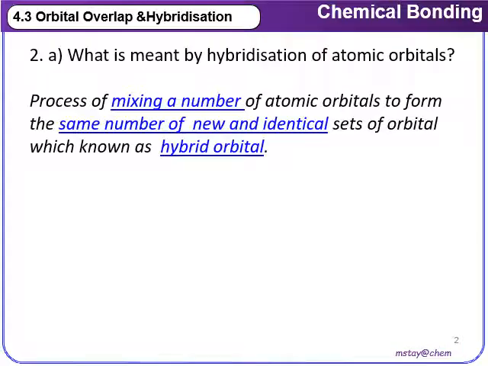Tutorial question number 2a. What is the meaning of hybridization for the atomic orbital?